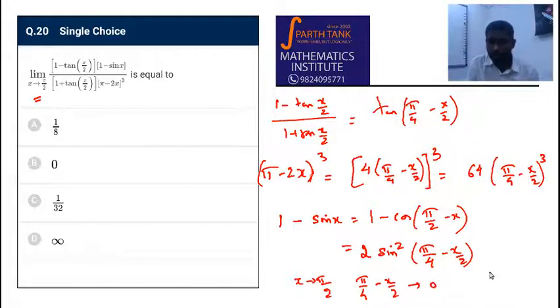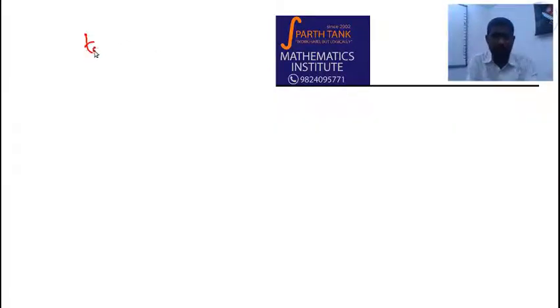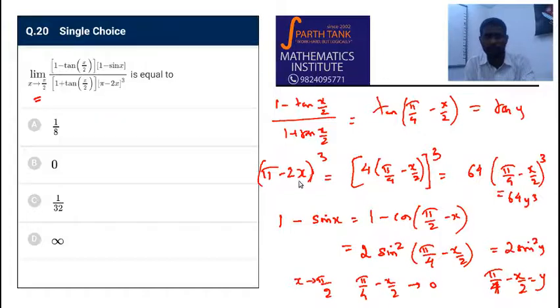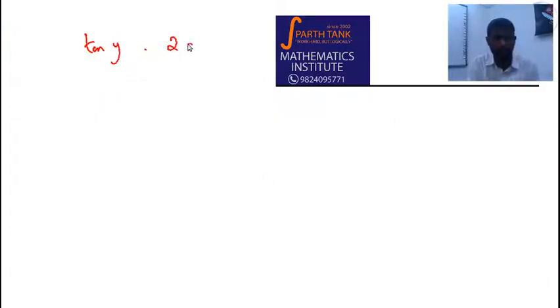So if I take pi by 4 minus x by 2 as y, the whole thing can be written as tan y, right? This thing is tan y. And 1 minus sin x is 2 sin squared y, and this is 64y cube. So put it all there, tan y into 2 sin squared y by 64y cube, limit y tends to 0.